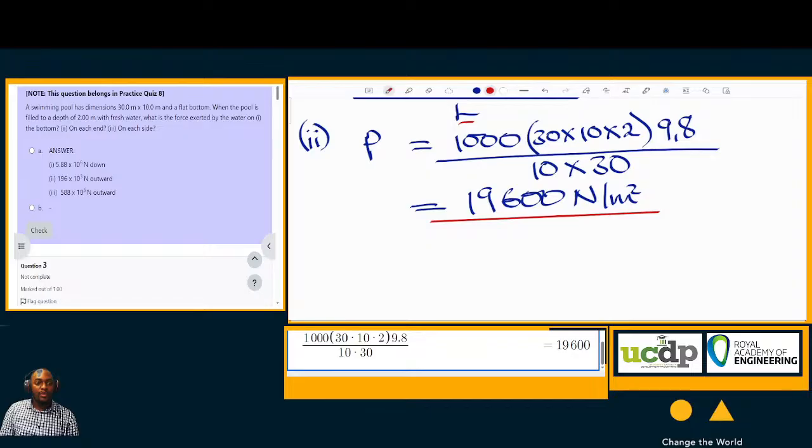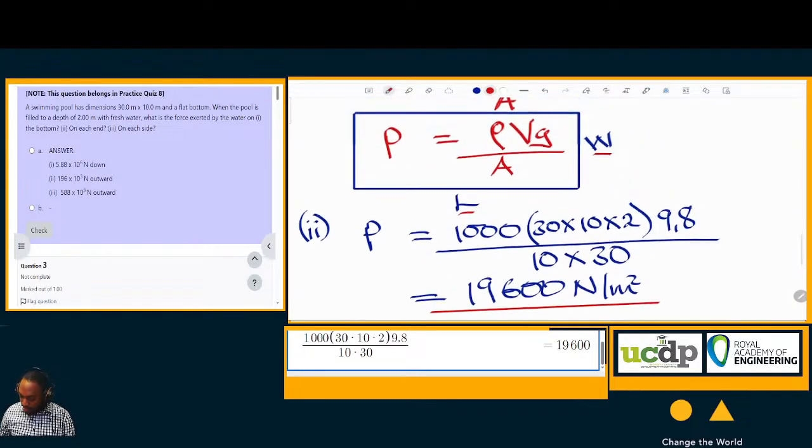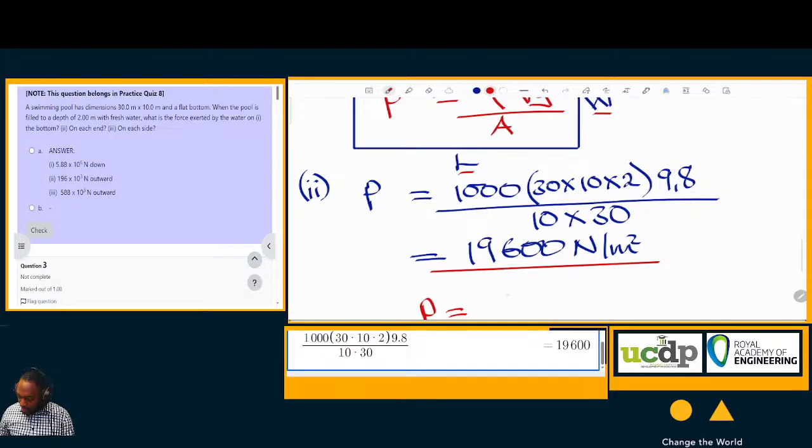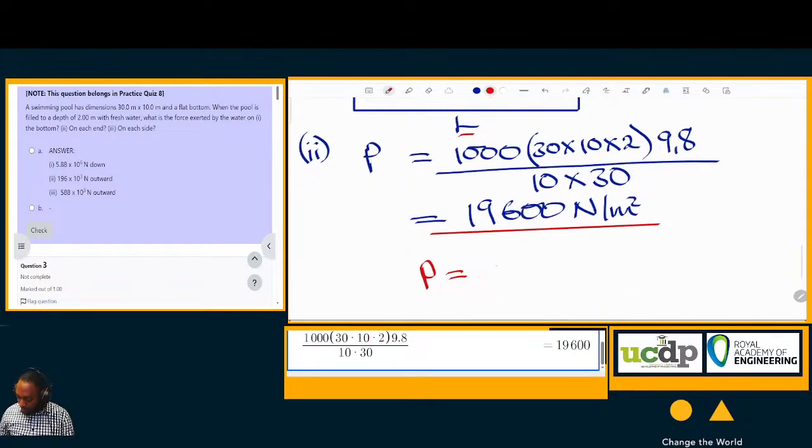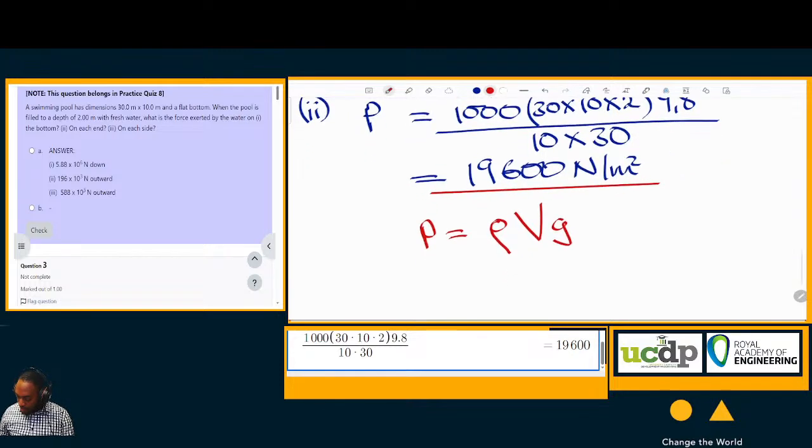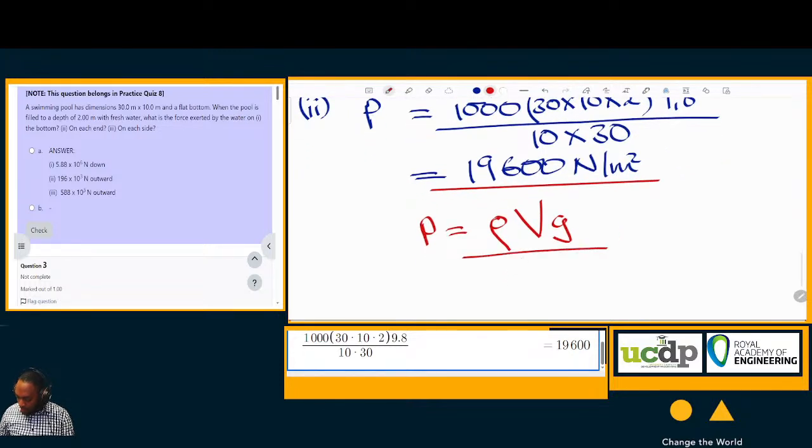Okay, so you would still use the same equation, which will be your pressure equals your density of water times the volume times the value of G over the area.